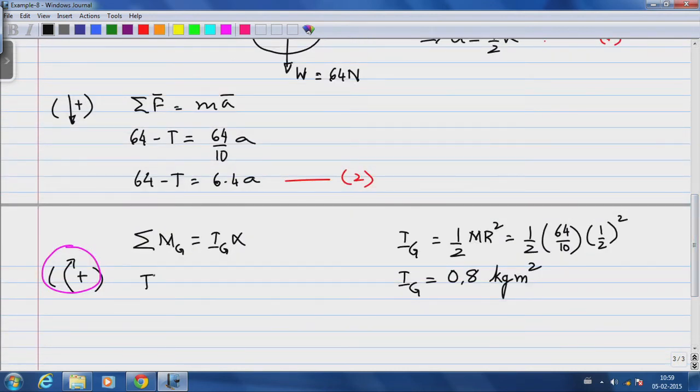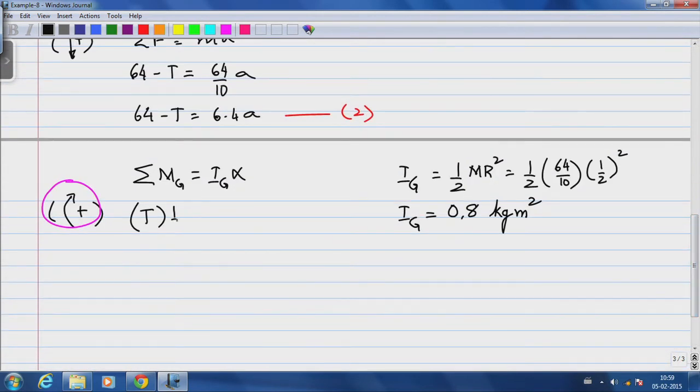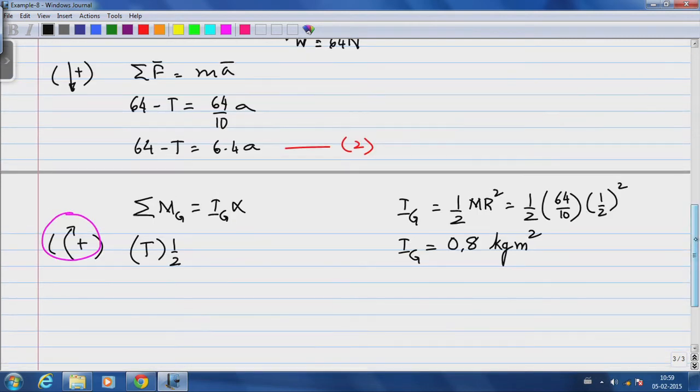Now, the tension in the cable has a moment arm of half a meter. The weight of the body does not have a moment arm.